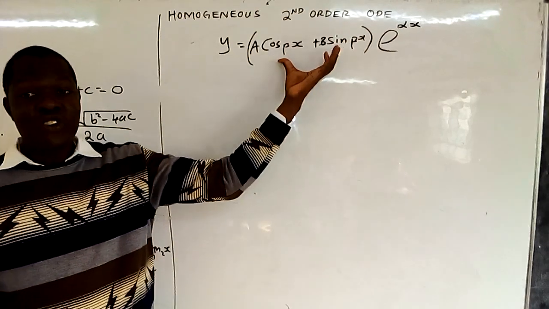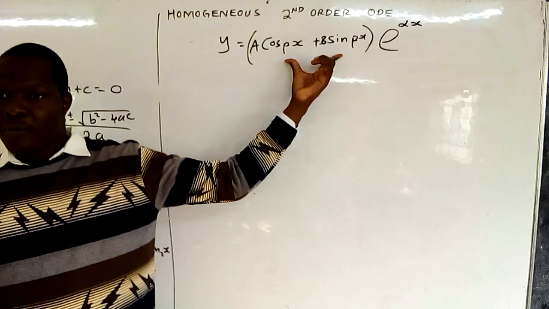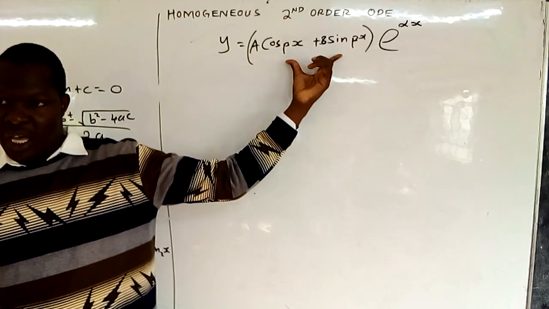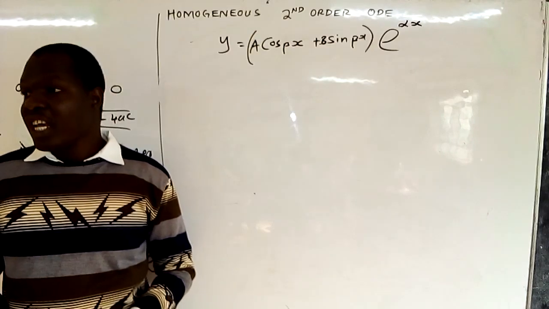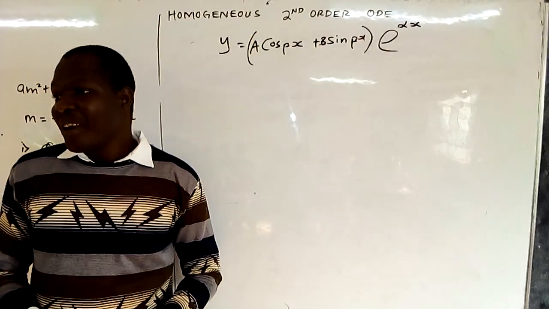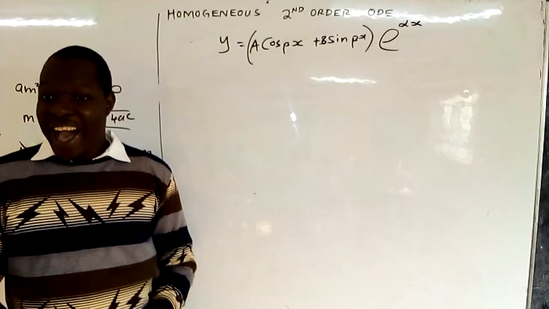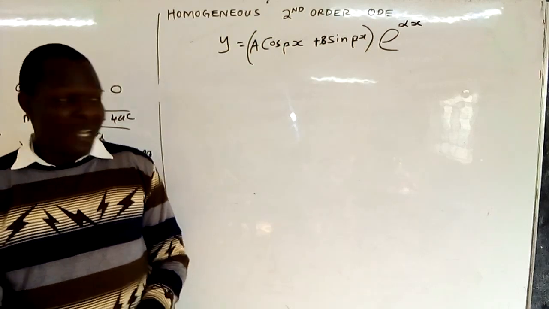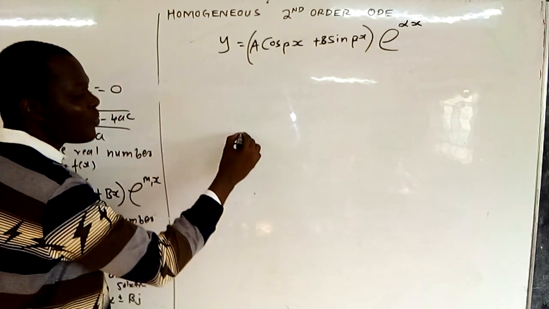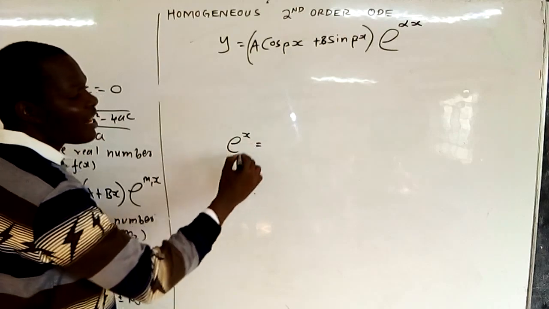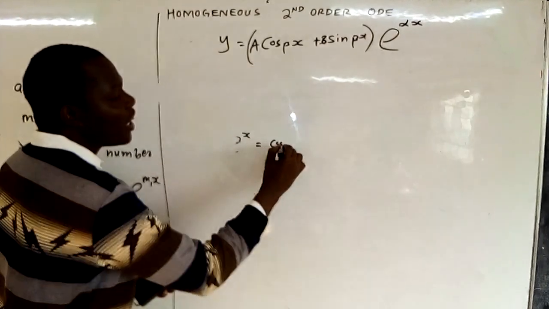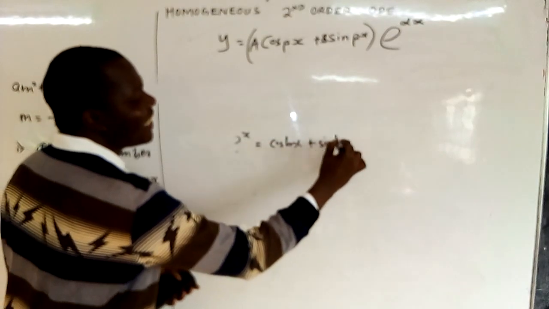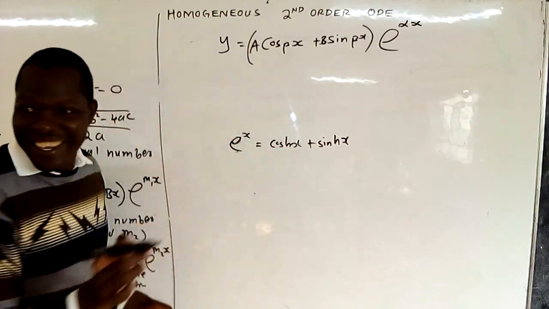The imaginary is using the trigonometric functions. Are we together? The imaginary are using the trigonometric function, and the real are using the exponential function. And remember, those exponential functions are related to hyperbolic functions, because according to the other equation, exponential x is cosh x plus sinh x, isn't it?